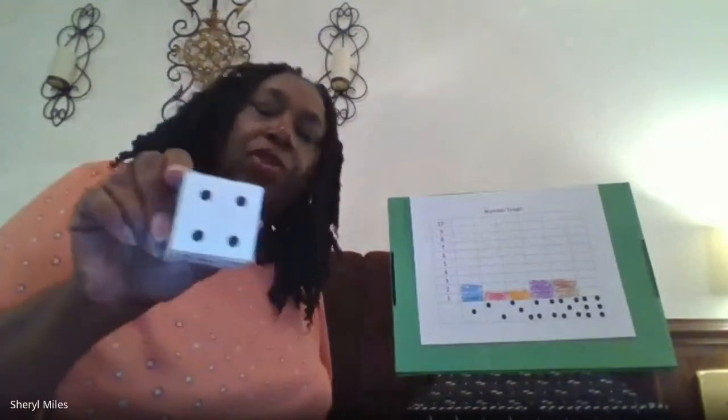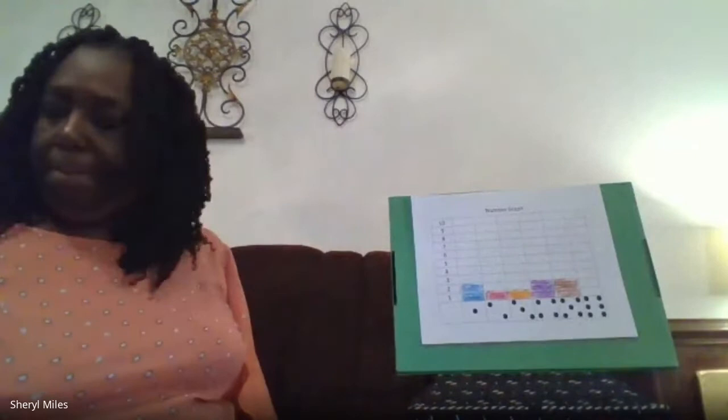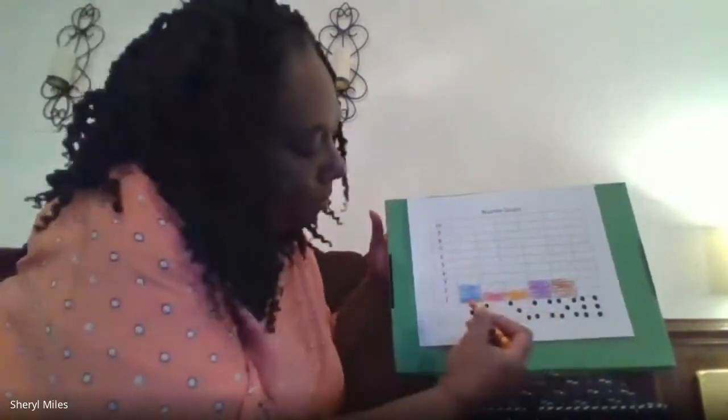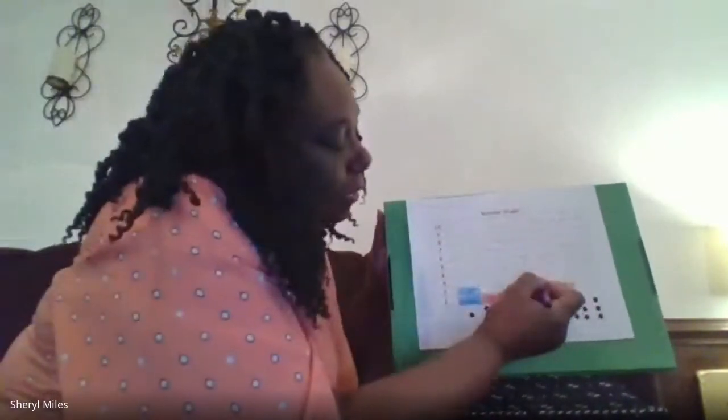This time, boys and girls, the number 4 came up. So I have to find the number 4. 1, 2, 3, 4. Oh, there is 4 again. Let me use the same color.